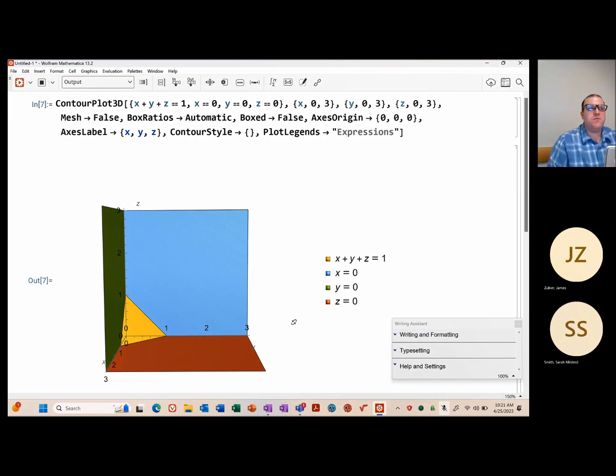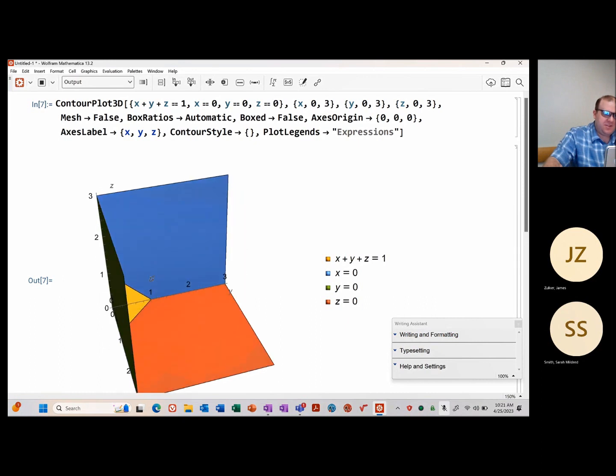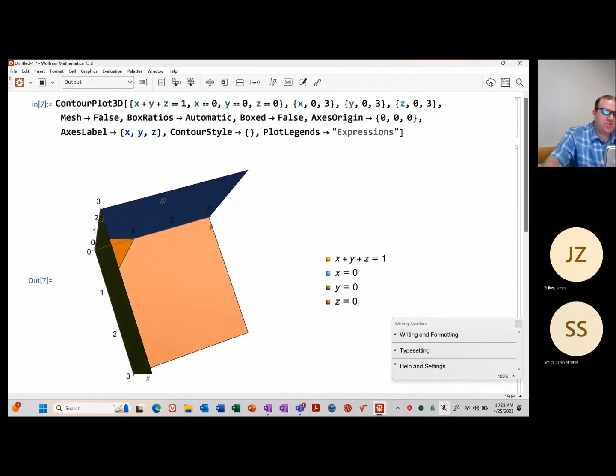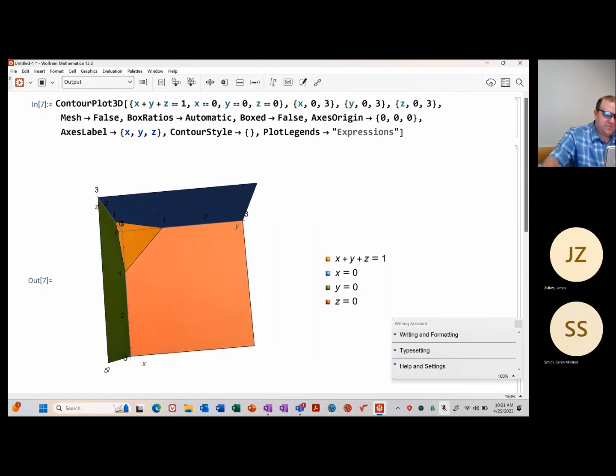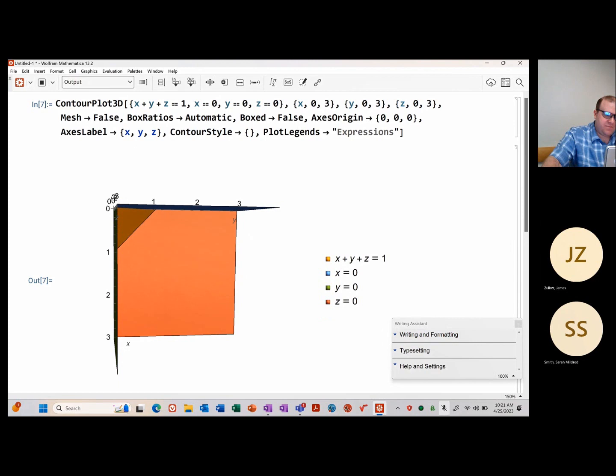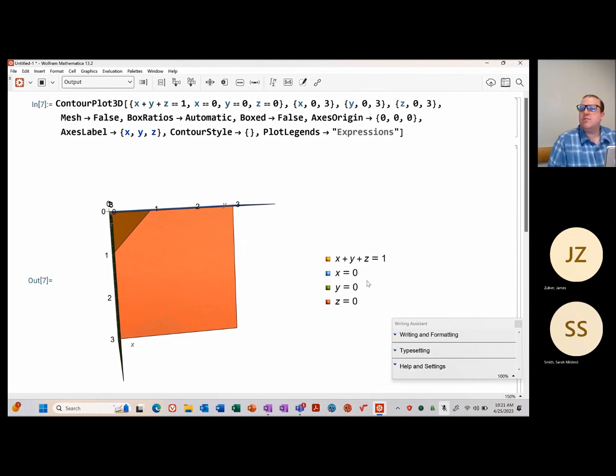Now, counterclockwise when viewed from above just simply means if we switch this so we're looking straight down on it, now it's counterclockwise. It just means set z equal to 0 and look at the xy plane. It's counterclockwise in the xy plane.